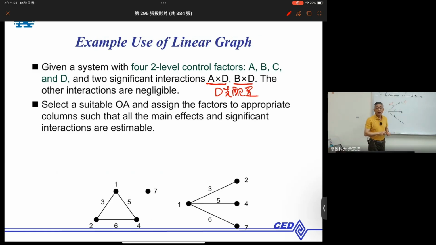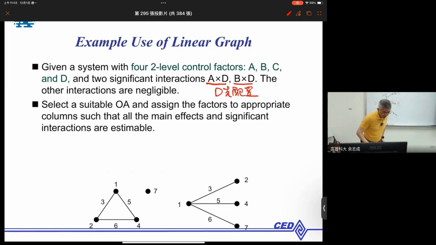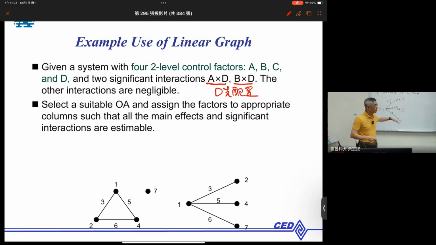So we can make sure the interaction BD will happen in column 5, because we need to assign the factors that happen in the interactions. Start from D and then A, B. The rest is C. Only C needs to be assigned, and we have another dot here, so we put C here. So this is a suitable arrangement too.